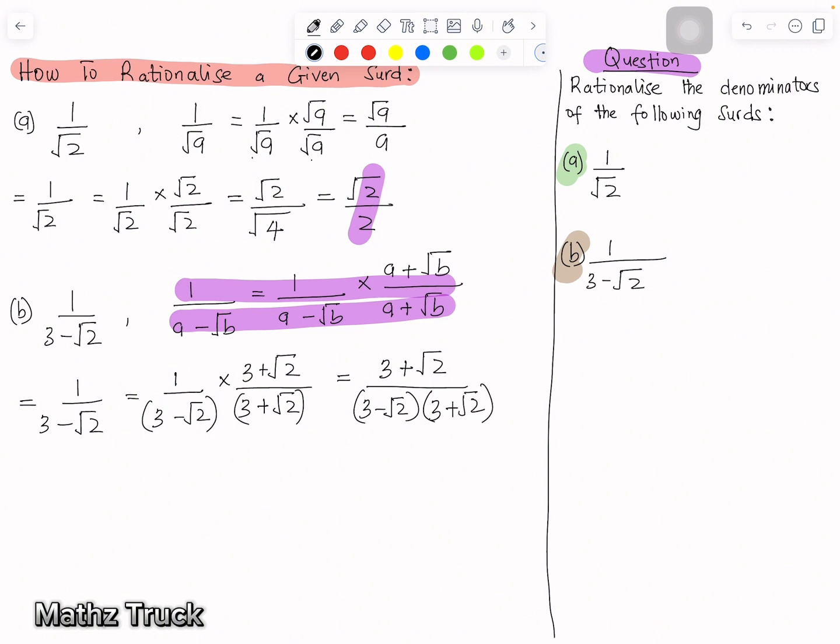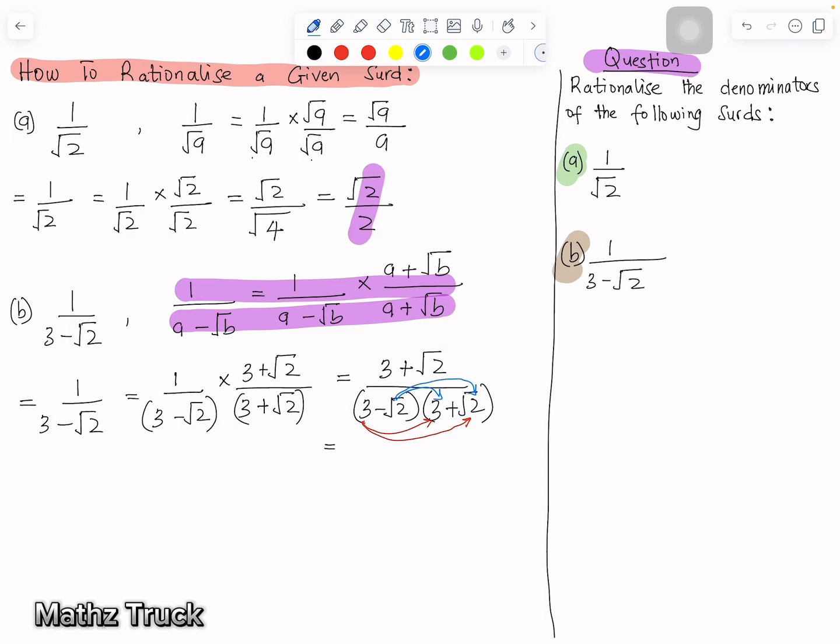Now we can expand this by knowing that this 3 is going to multiply this 3 and this root 2. Then we have this minus root 2 going to multiply this 3, and minus root 2 going to multiply the root 2.